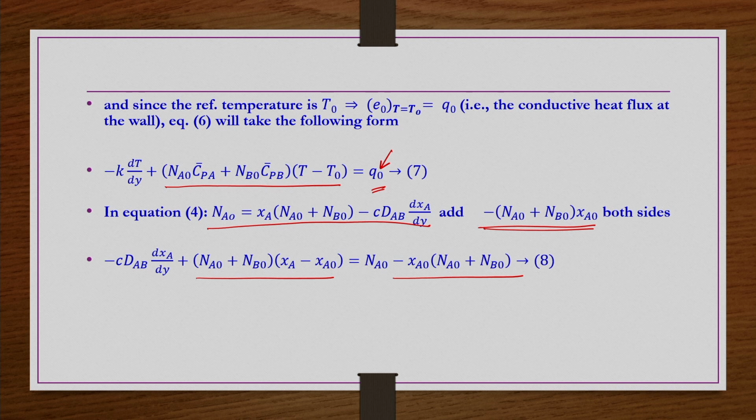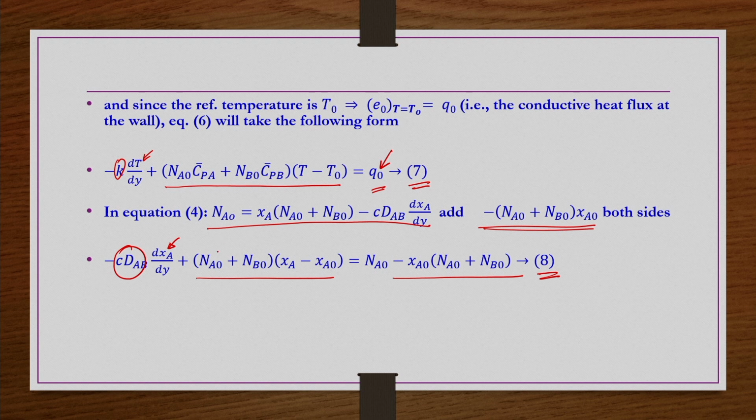So, the reason is that now this equation number 8 and then equation number 7, if you compare, they are exactly similar, right. Only thing that k is replaced by CDAB and then T is replaced by XA.